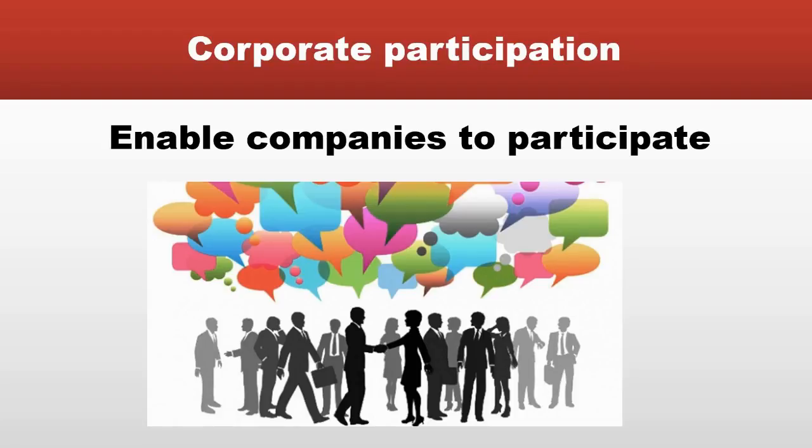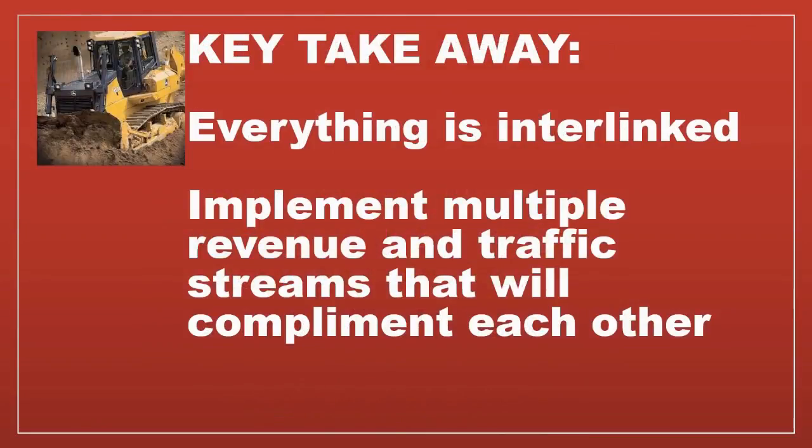And there'll be a span of other things that will be interlinked, because if you get more traffic, you'll get more ebook sales and you get more lead generation. So we'll conclude by saying this, and this is very important: everything that we do is interlinked. If you improve your content base, you attract more visitors.